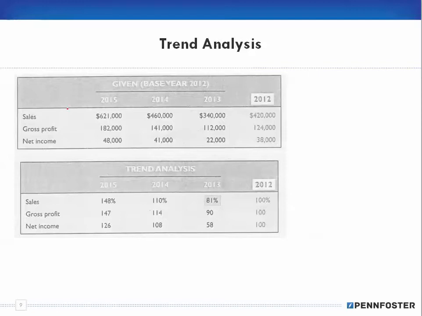As in this example, we're given 4 years' worth of information: 2015, 2014, 2013, and 2012. Notice that sales, gross profit, and net income, where were they?